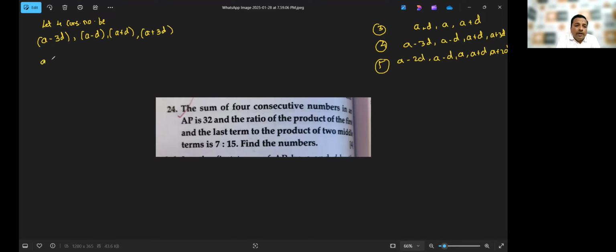A minus 3d plus a minus d plus a plus d plus a plus 3d, इसका sum है 32. Then 3d cancel, d cancel. So we have 4a is equal to 32. 4 goes that side, it divides. 1 जा, 8 जा, a की value आ चुकी है 8.